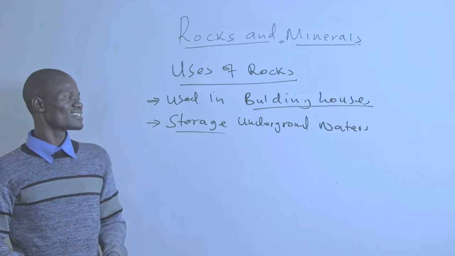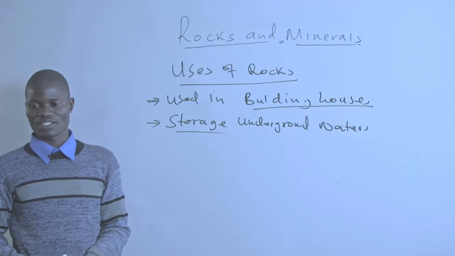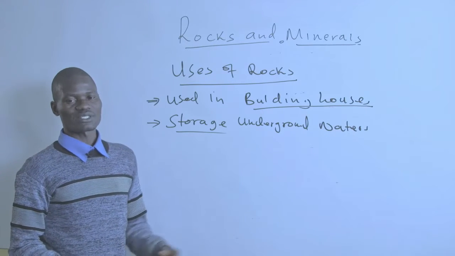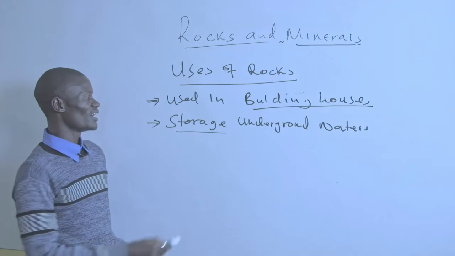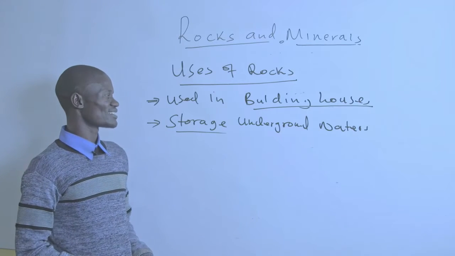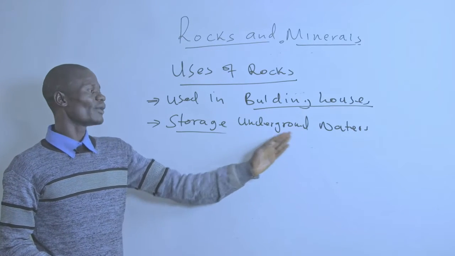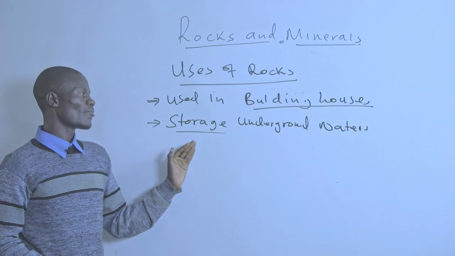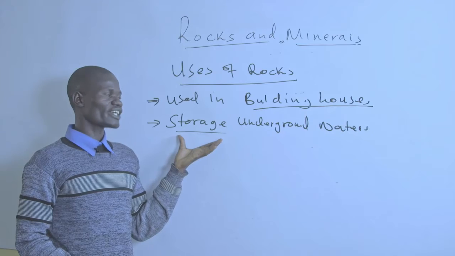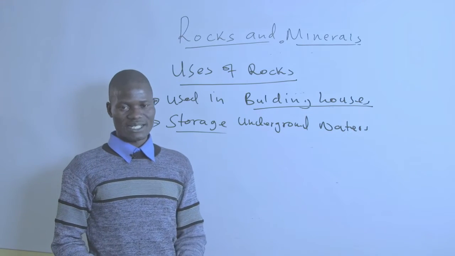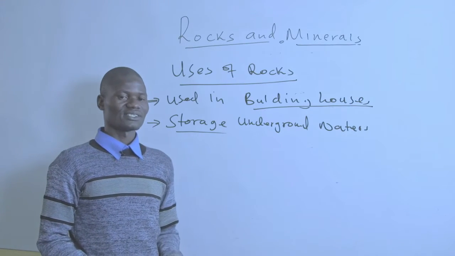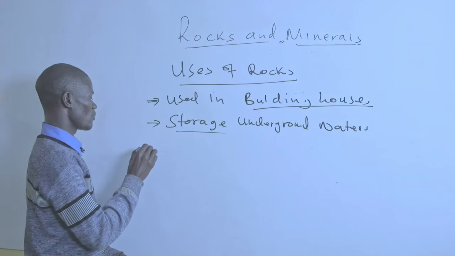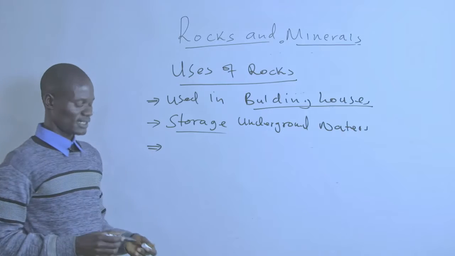Sometimes when the rains have not come for a long period of time and, in the region, most streams are dried up, we are advised to sink wells underground. Where are we heading? We are heading to the underground sources of water where rocks are used to store water underground. And when they are harnessed, they can be used for the benefit of mankind.